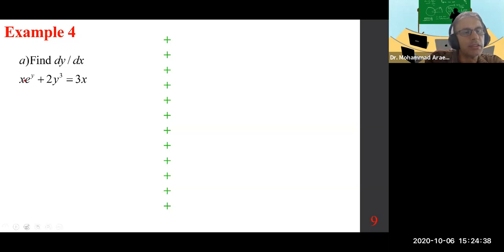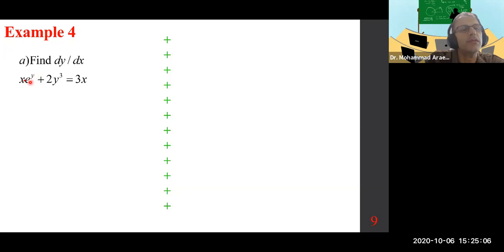So can anybody tell me what is the derivative of this piece? x times e to the power of y. How would you differentiate this? Okay, so for x, the derivative is 1 times e to the power of y, plus e to the power of y.